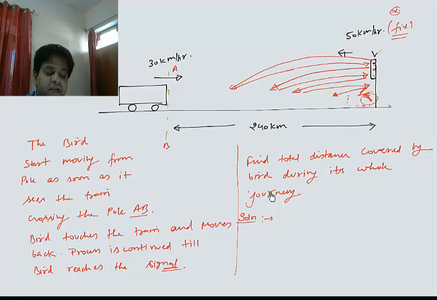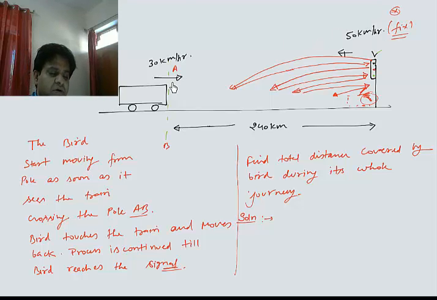What we have to analyze is that the speed of the bird is fixed, that is 50, and if the bird moves for, let's say, 2 hours, whatever be the direction of the motion of the bird, we have to calculate distance, not the displacement. That is why, if the bird continues to move for 2 hours, then the total distance covered by the bird will be 50 km per hour into 2 hours, that is 100 kilometers.